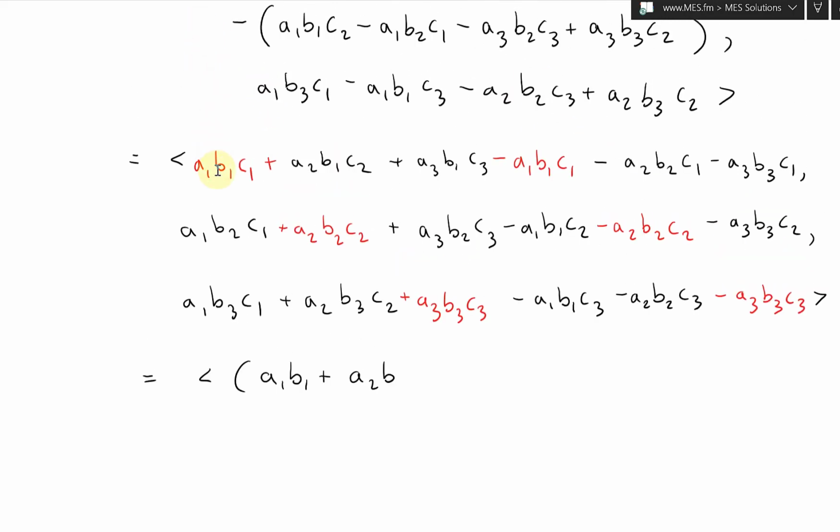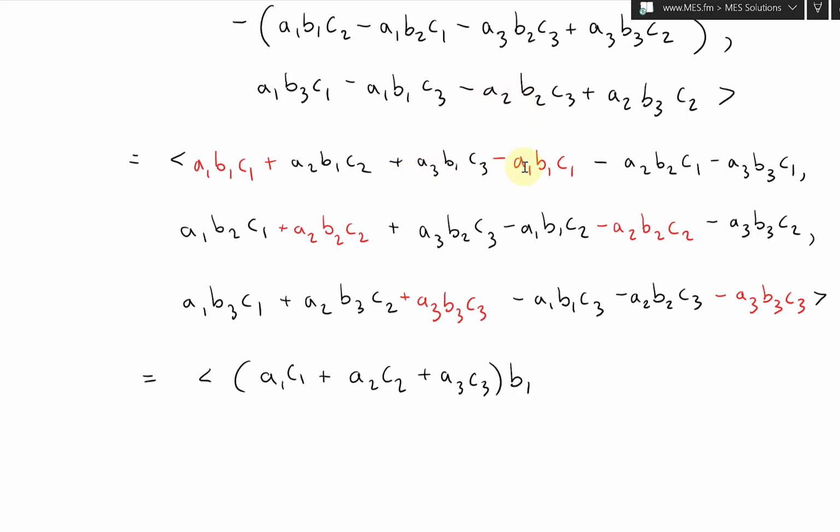Actually, yeah, this is A1, C1, I mean, because we're factoring out the B1s. B1, B1, B1. So that's going to be A1, C1, and then A2, C2. And then the next one is A3, C3. And then put this as B1.